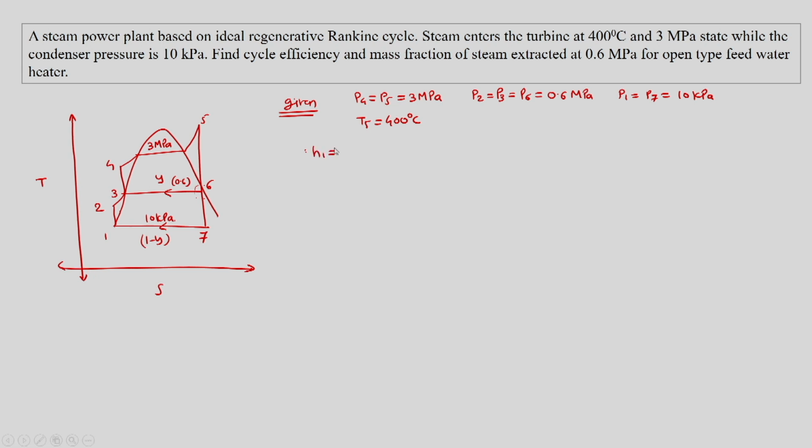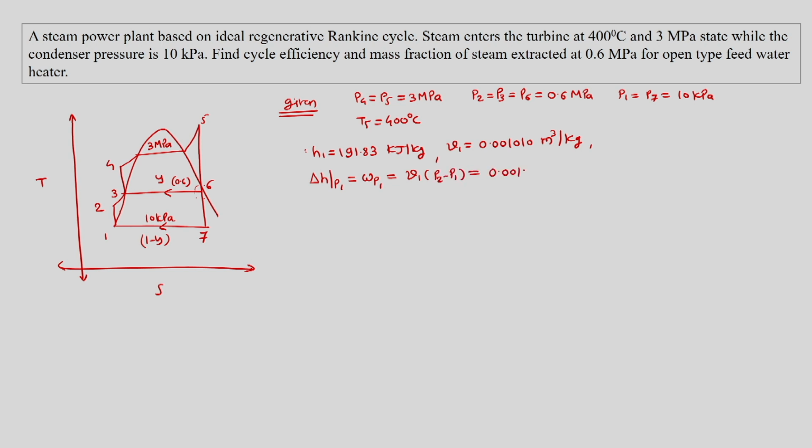So, we will start by finding H1, which is the liquid saturation enthalpy at state 1, at 10 kPa, and H1 happens to be 191.83 kilojoule per kg. Specific volume at state 1 is 0.001010 meter cube per kg. Then the specific pump 1 work is equal to nu 1 into P2 minus P1.